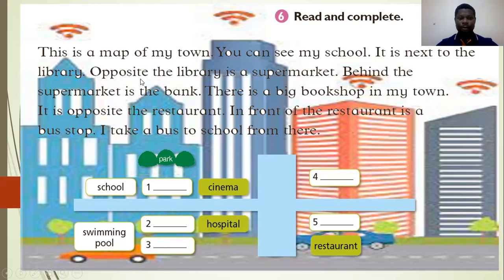This is a map of my town. You can see my school. It is next to the library. Opposite the library is a supermarket. Behind the supermarket is the bank.